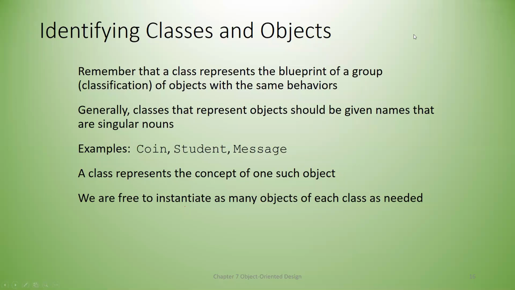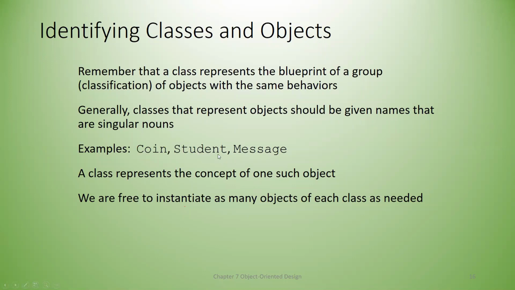Okay, so generally, classes that represent objects should be given names that are singular nouns. This is just a convention, and it's a good convention. A class usually uses singular nouns. You don't use plural forms, okay? So Student Message instead of Students Messages.